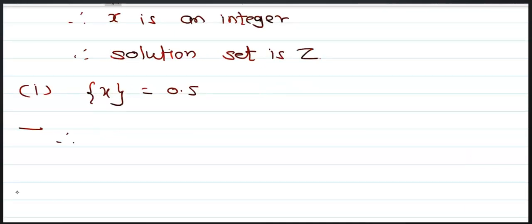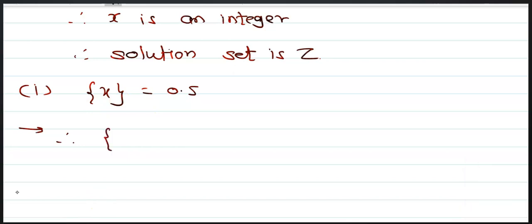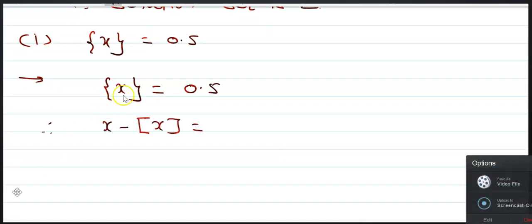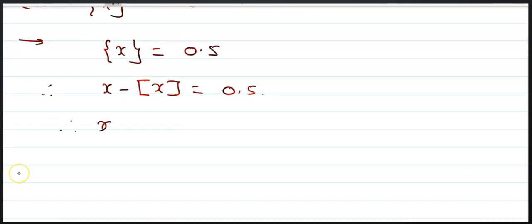Now next is the fractional part of x is 0.5. It's no problem. By definition, the fractional part of x is x minus the integral part of x, and that is equal to 0.5.